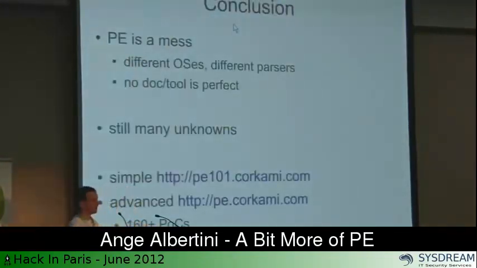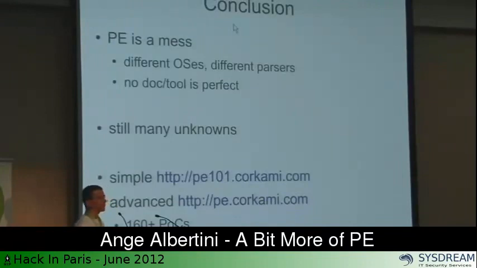My conclusion is that the PE file is a mess. There are different parsers on the OS, and the parsers behave differently on various versions of the OS. There is no tool or documentation that can claim to be perfect.